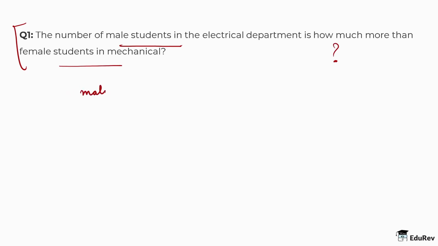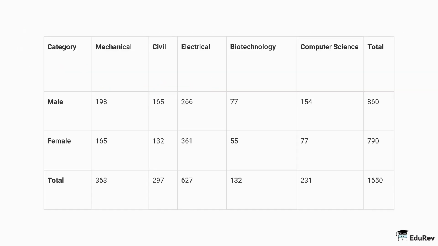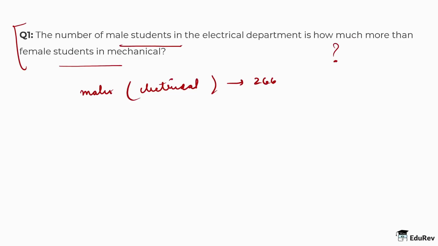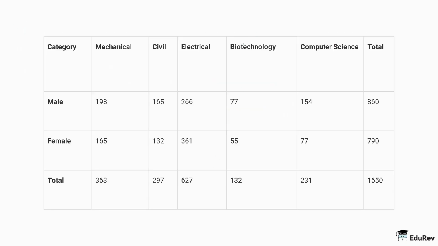We know that the number of males in the electrical department is 266. You can see this. Moving forward, the females in mechanical are 165. So where is mechanical? Mechanical is here, and females is 165.